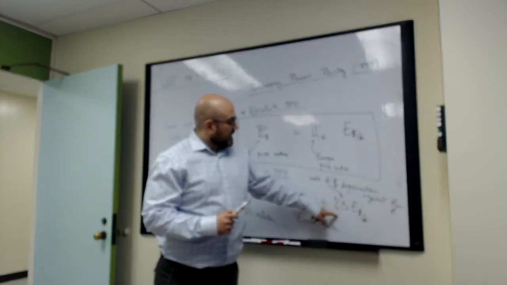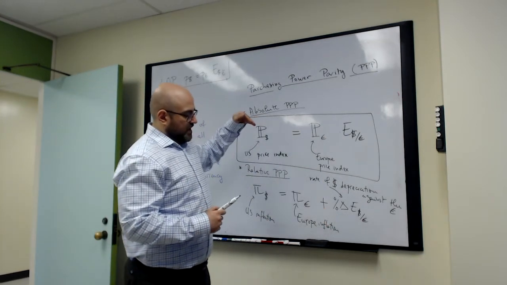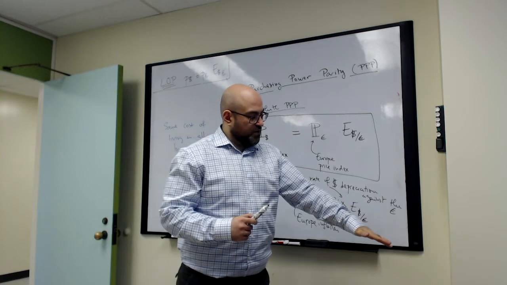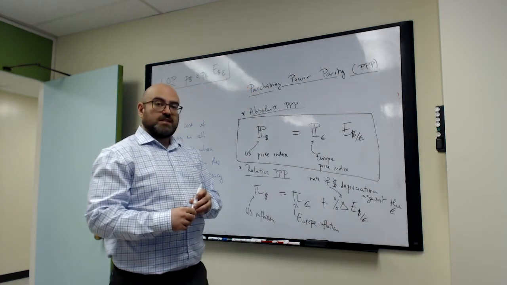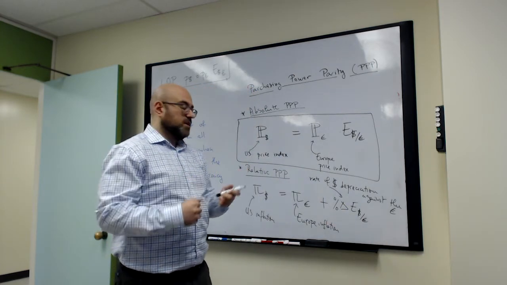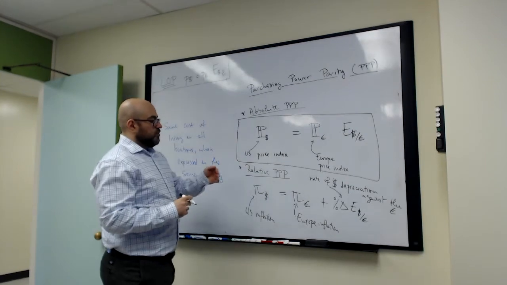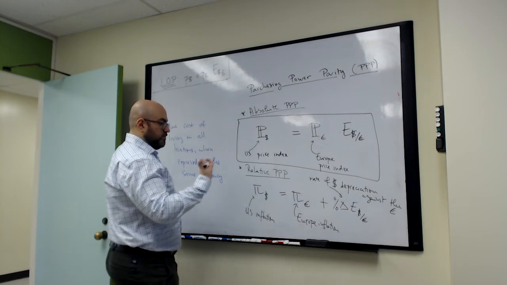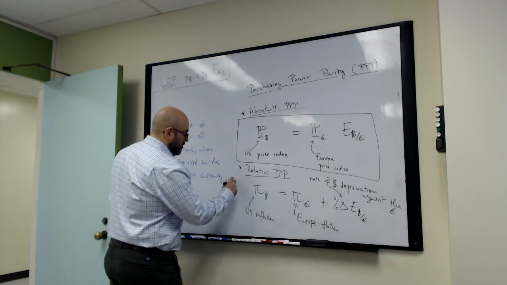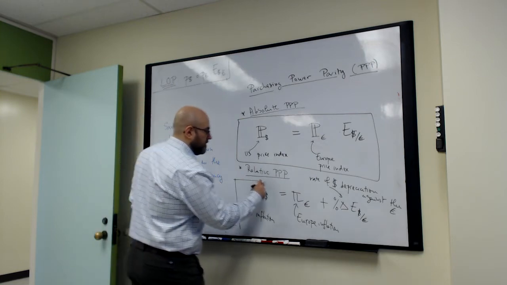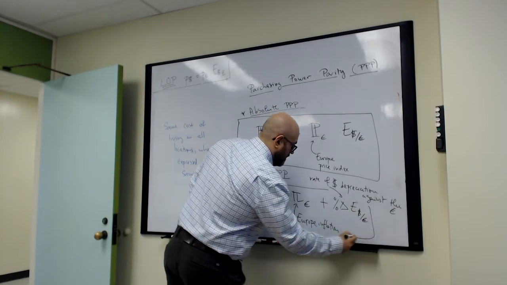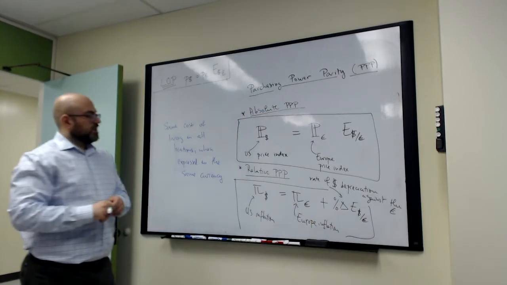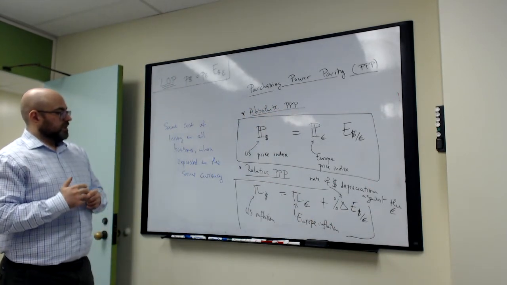When this is negative and the exchange rate is actually shrinking over time, that means that the dollar is appreciating. It's a strong dollar. Fewer dollars are able to buy the same euro, or for the same dollars you can buy more euros. So that's going to be our key equation for relative PPP.